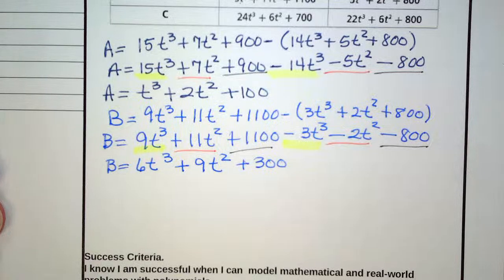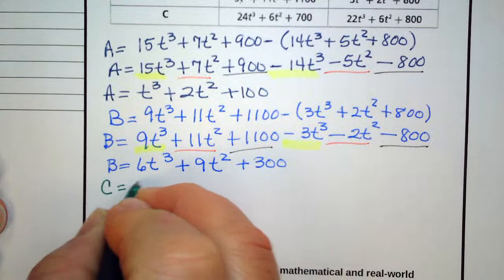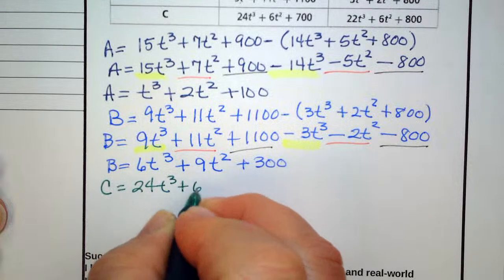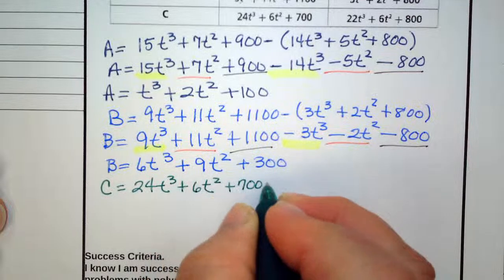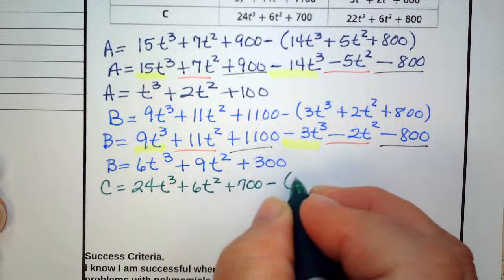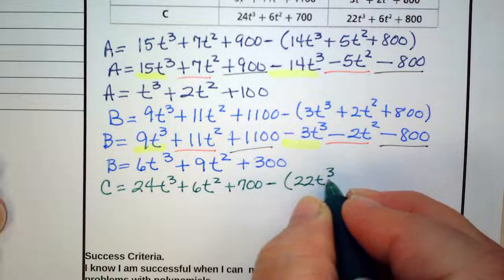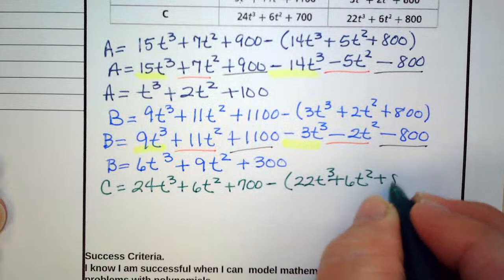So looking at store C, I have 24t to the third plus 6t squared plus 700 minus the quantity of 22t to the third plus 6t squared plus 800.